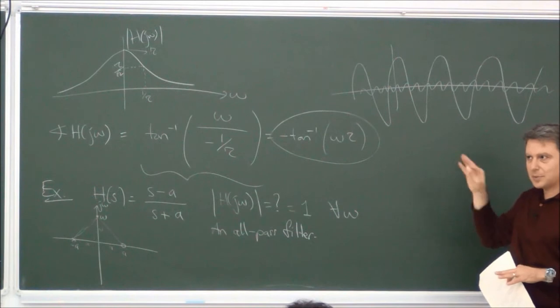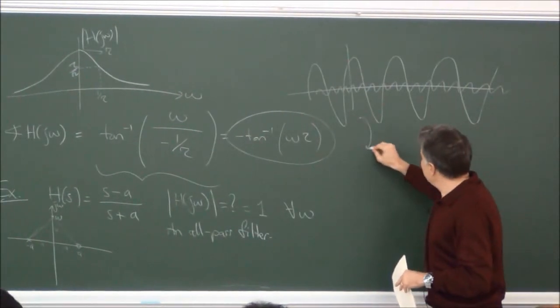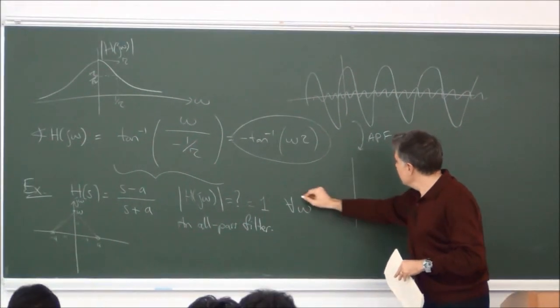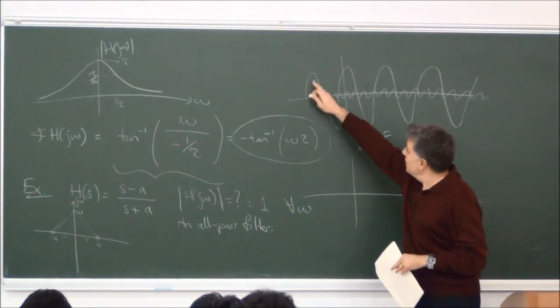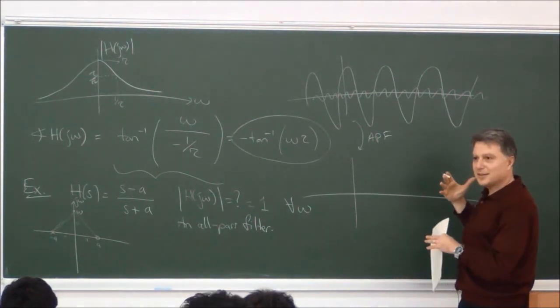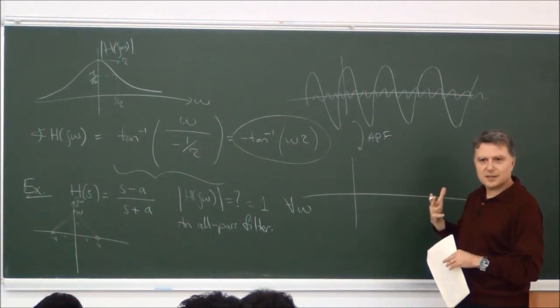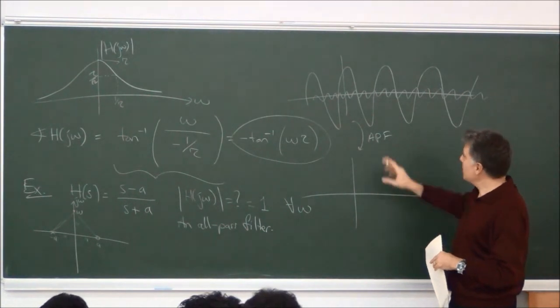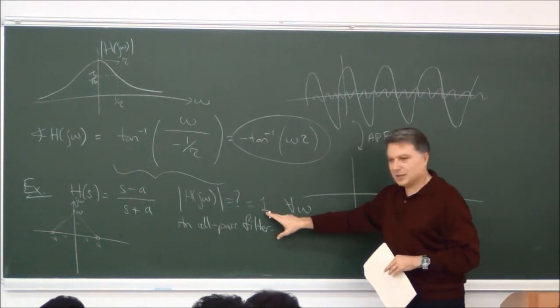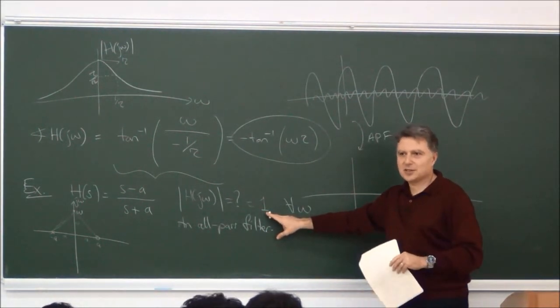You can hear that probably. And when it passes through this all-pass filter, the output will be this sinusoid, but with a different shift, a different amount of phase. Because depending on the frequency, although the magnitude will not change, the angle will change.